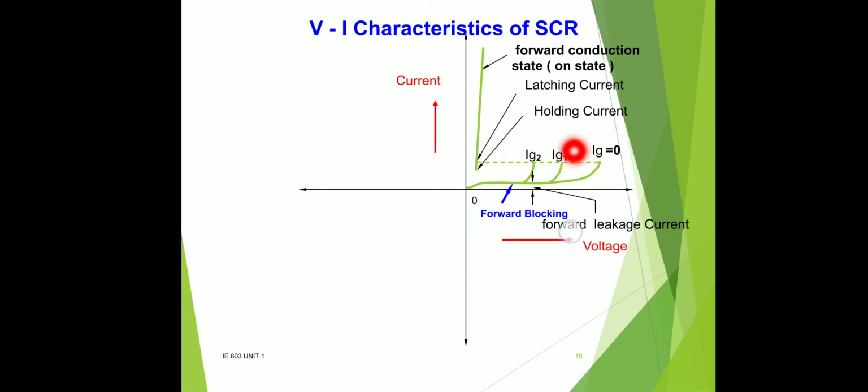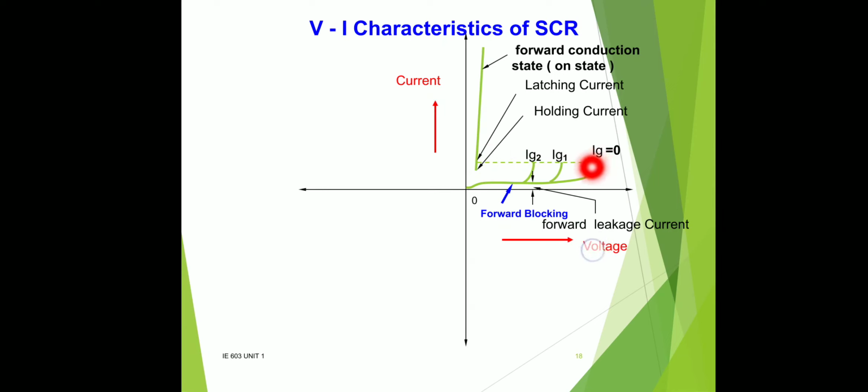The SCR gets turned on when the anode to cathode voltage is more positive, even though the gate current is zero. This voltage breaks down the junction J2 and the current flows from anode to cathode. SCR gets turned on.